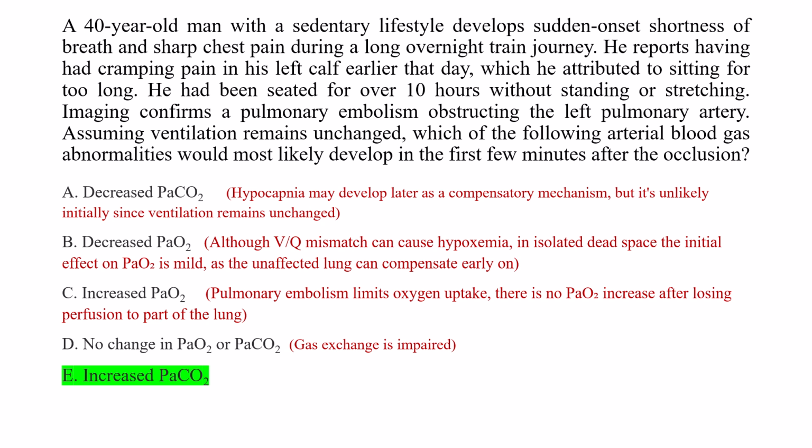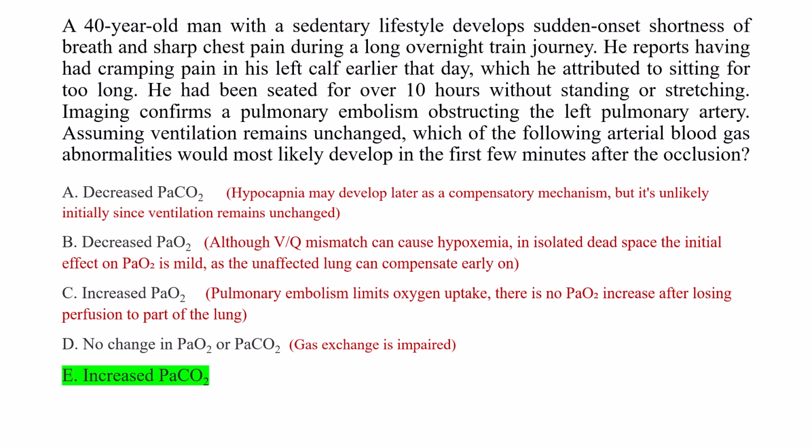Option B is incorrect because while ventilation-perfusion mismatch can lead to hypoxemia, in isolated dead space the effects on partial pressure of oxygen are less pronounced initially. Also, partial pressure of oxygen may be preserved early due to compensation by the unaffected lung.